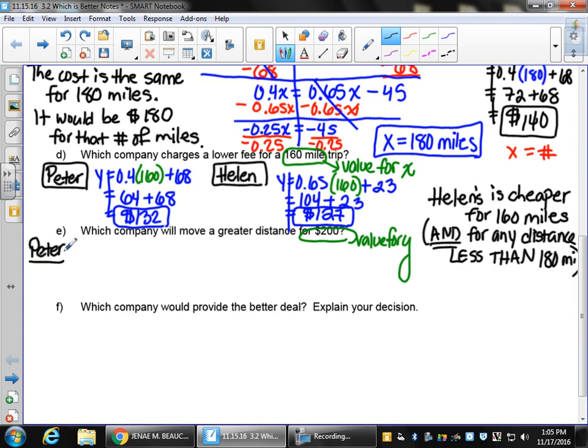First for Peter, and then for Helen. But this time, we have a value for Y. So that'll be 200 equals 0.4x plus 68. And now we actually need to solve for x. We will subtract 68 from both sides.